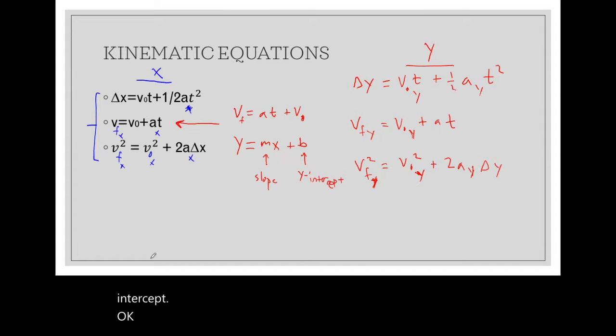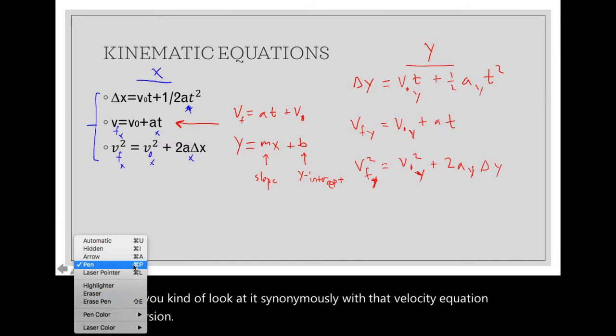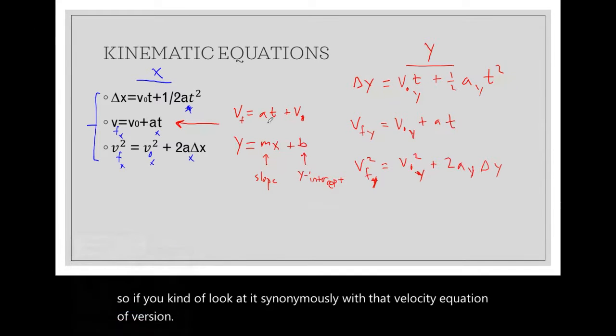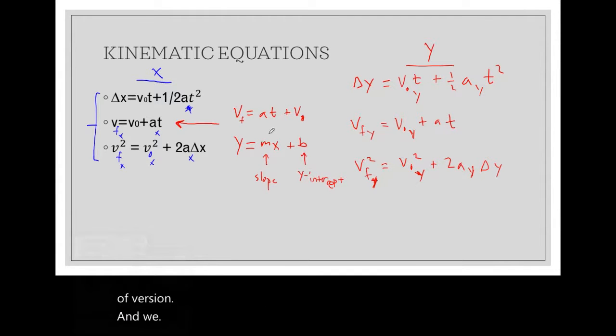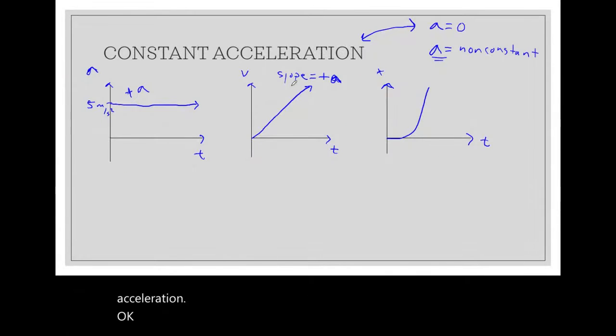If you look at it alongside that velocity equation above it, slope must be associated with the acceleration. If we go back here, we see slope is the acceleration, so that lines up.